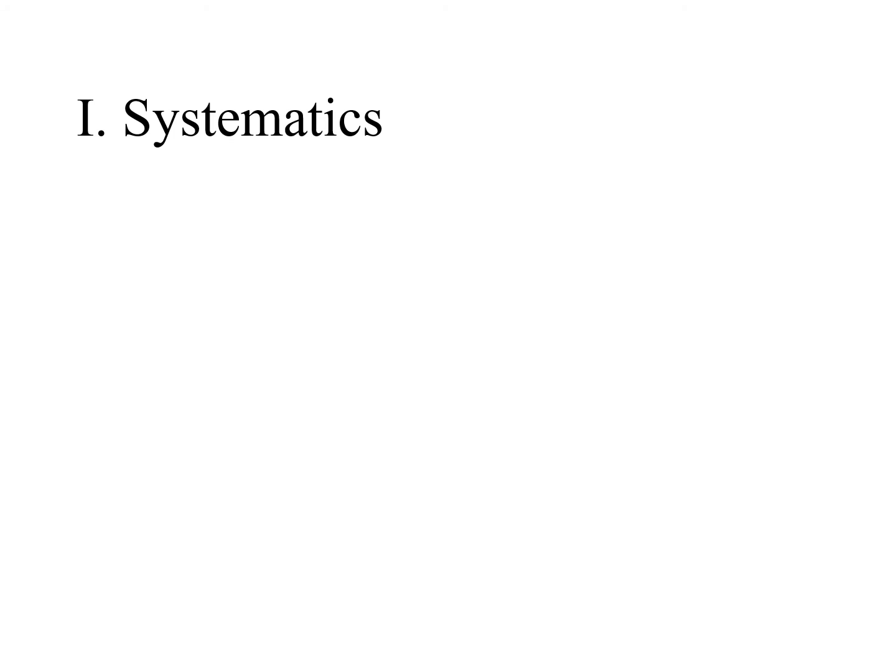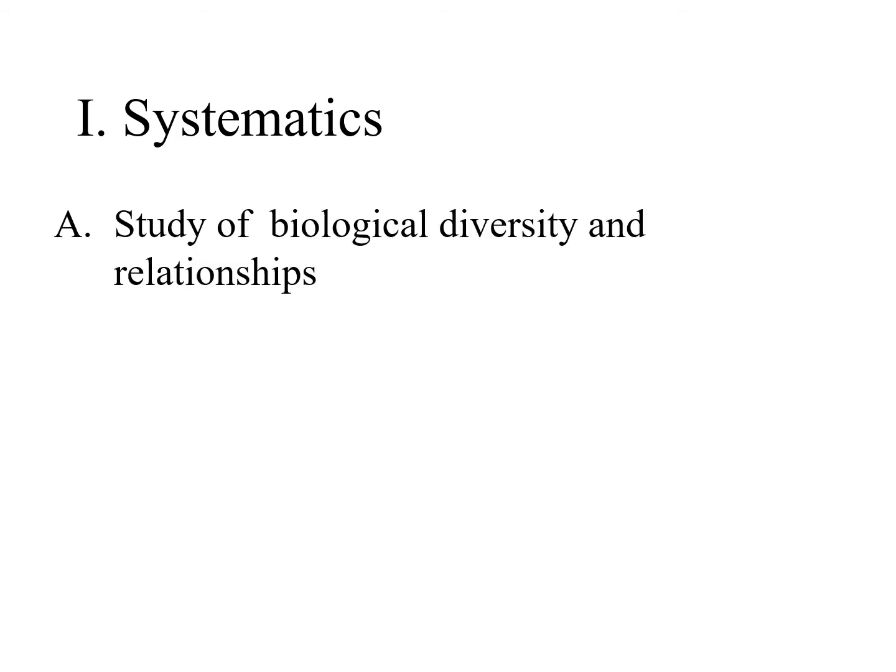So the first really serious evolutionary theme we're going to explore is a branch of evolutionary biology called systematics. Simply put, it is the study of biological diversity and of relationships. One who practices this study is called a systematist.